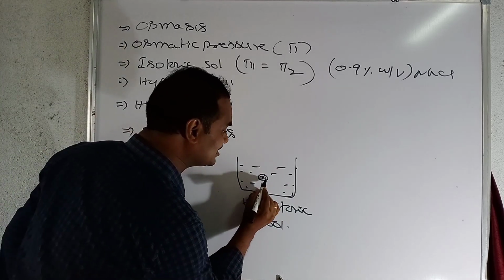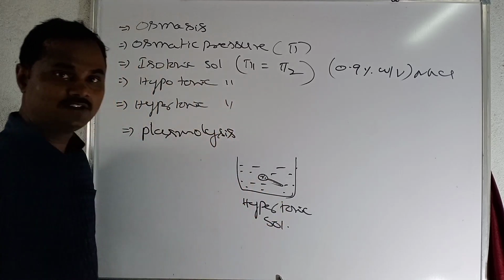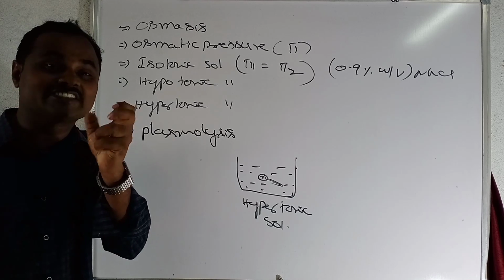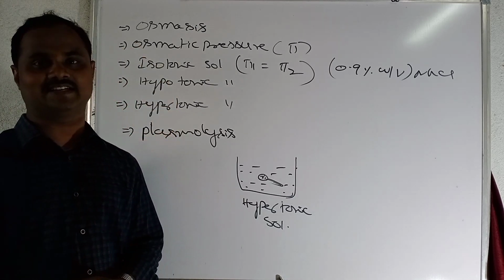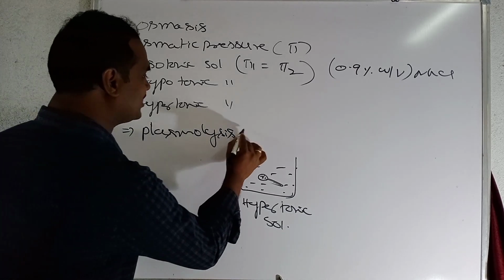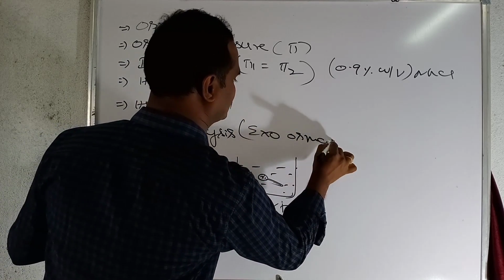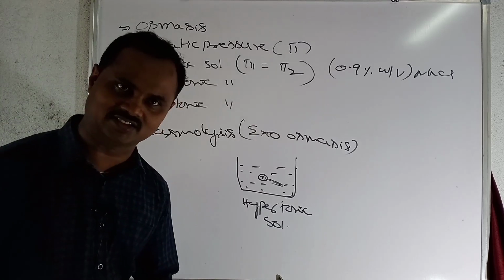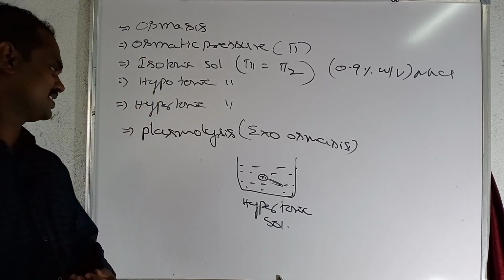That's why this cell loses fluids to the outside. Due to loss of fluids, the cell shrinks, size of the cell decreases. Is it clear? It is also called exoosmosis. Exoosmosis means the cell loses fluids due to outside highly concentrated solutions. Is it clear?